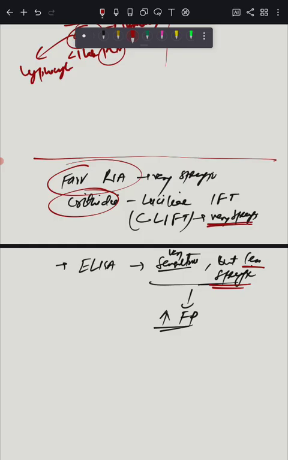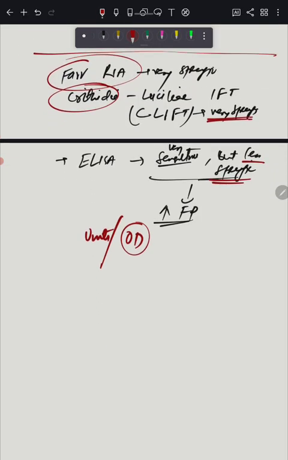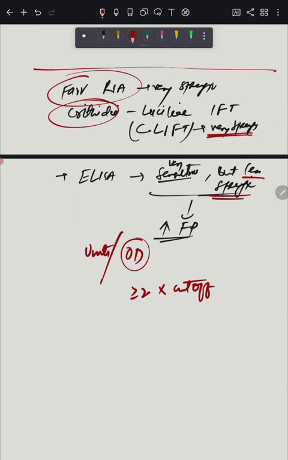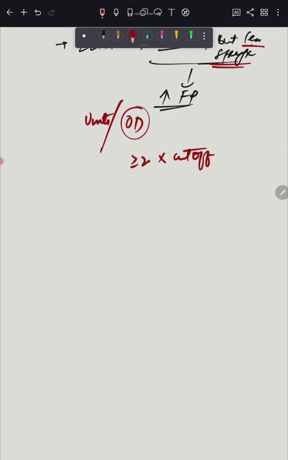So what is this method of detection? That is ELISA, and it detects antibody binding to synthetic dsDNA coated on a plate. Reported as units or ODs, that's optical density units, and it requires greater than or equal to 2 times cutoff for SLE classification.